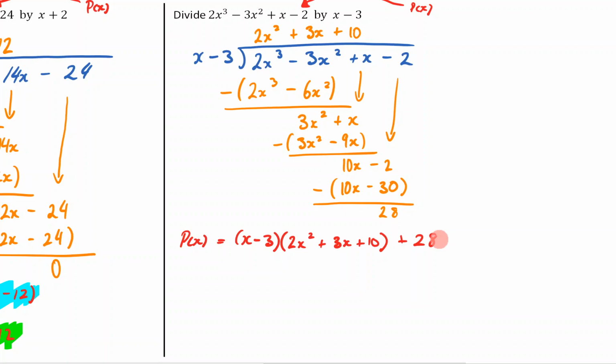So that's the first way that I could write it down. So it's like we have factorized it. This is a very important way that you need to know how to write down once doing polynomial long division.